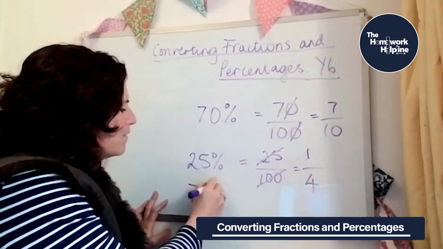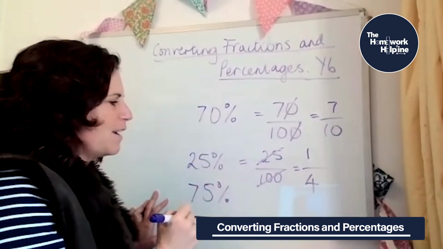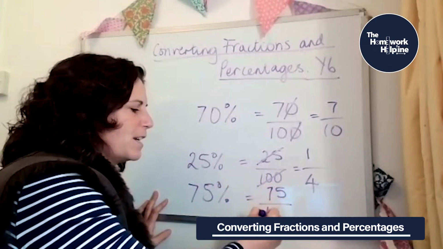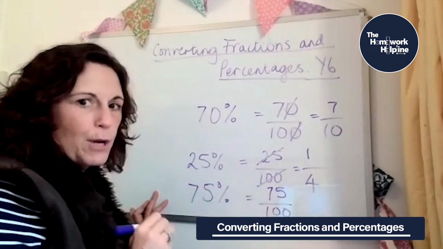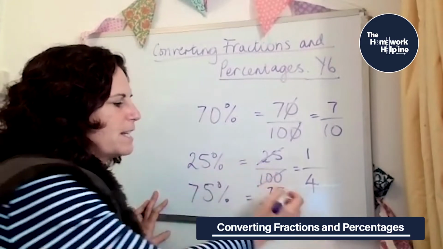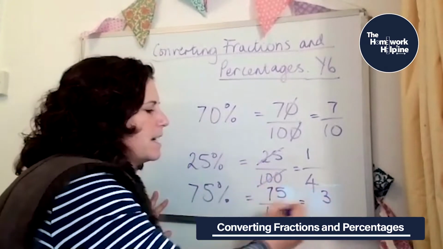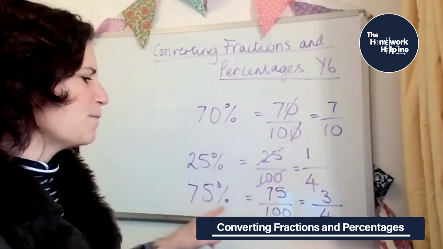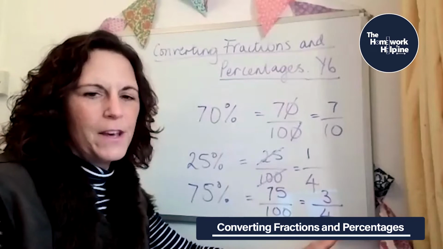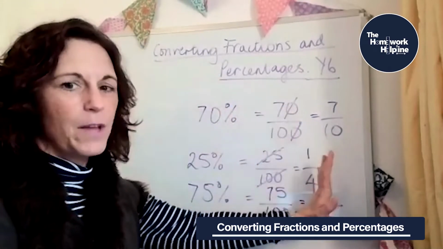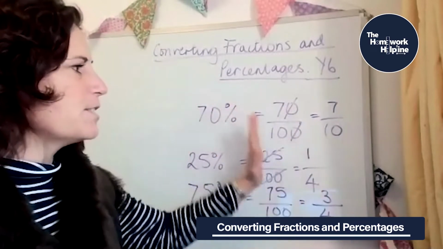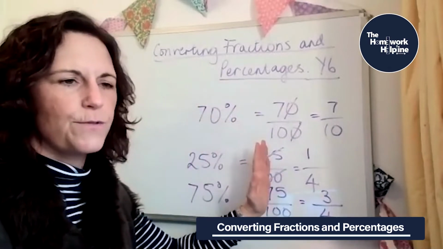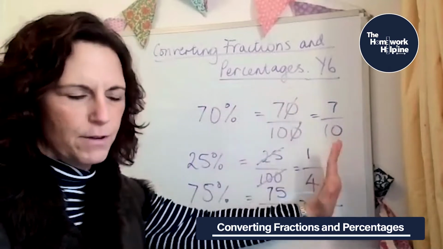And a very closely related one, 75%: turn it into a fraction out of 100 first, 75 out of 100. Again, both in the 25 times table, I can divide by 25 to get 3 and 100 by 25 to get 4. So 75% is 3/4. That's a really easy way to do it, but remember, you always have to add in that extra step: turn it into a fraction out of 100 and then simplify it.